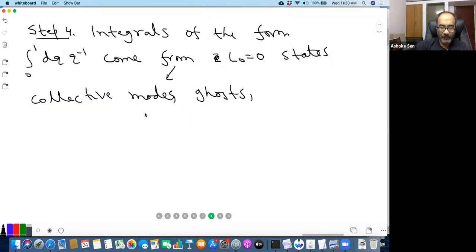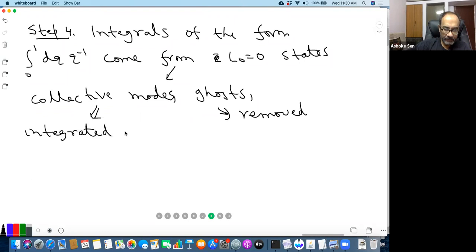It's not that we are throwing them away, but you know that we shouldn't treat the collective modes by Feynman diagrams. These are to be integrated at the end, and not via Feynman diagrams.